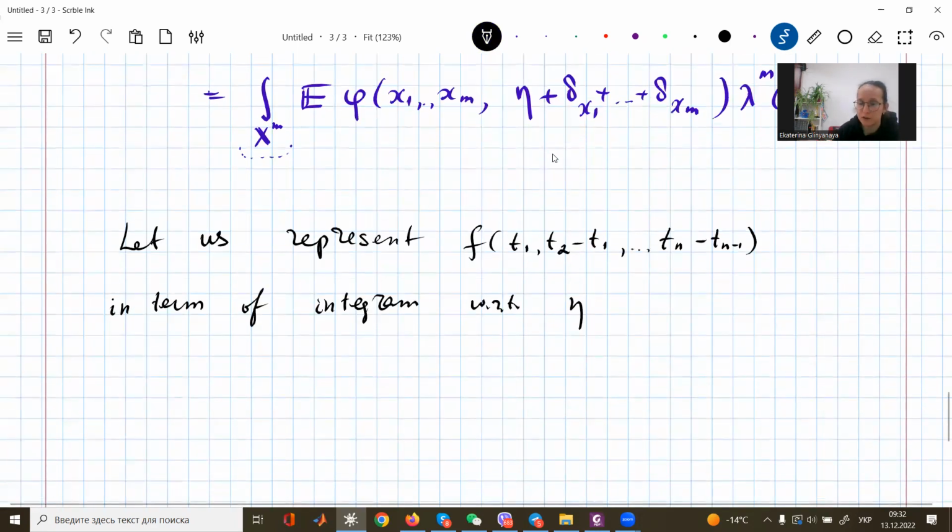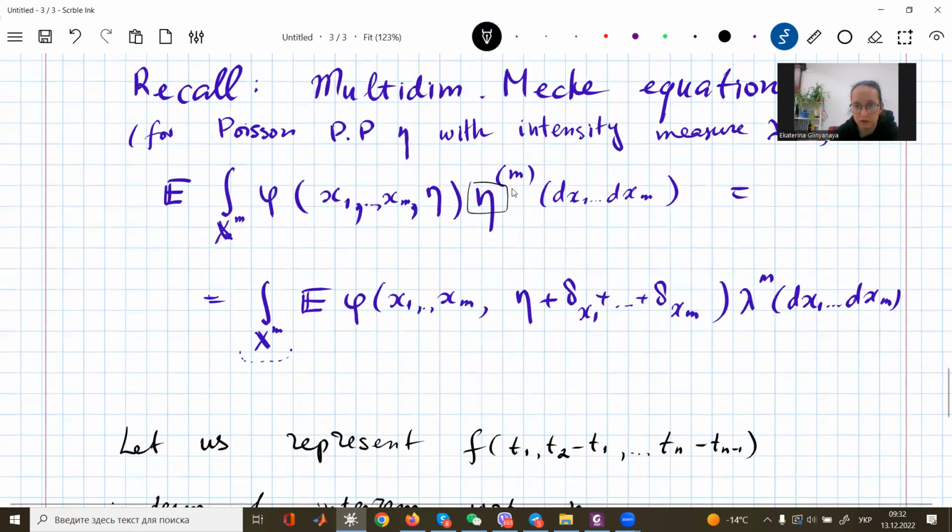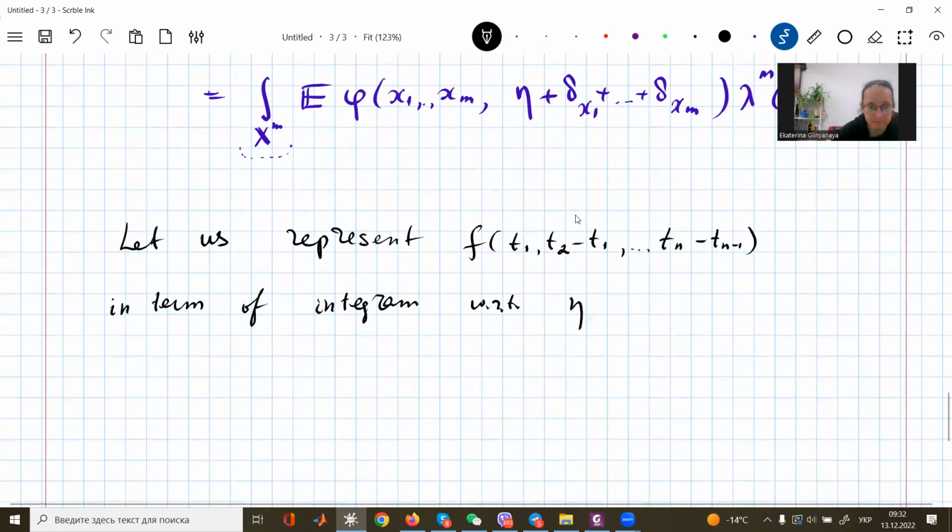So let us first recall what is the form of the integral with respect to factorial power.